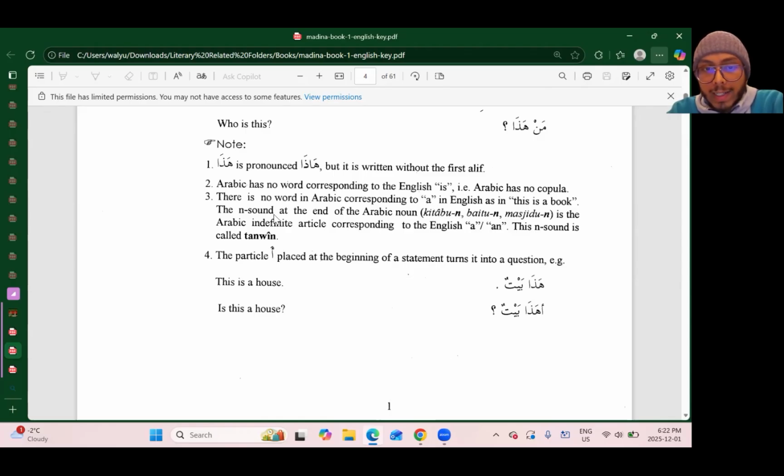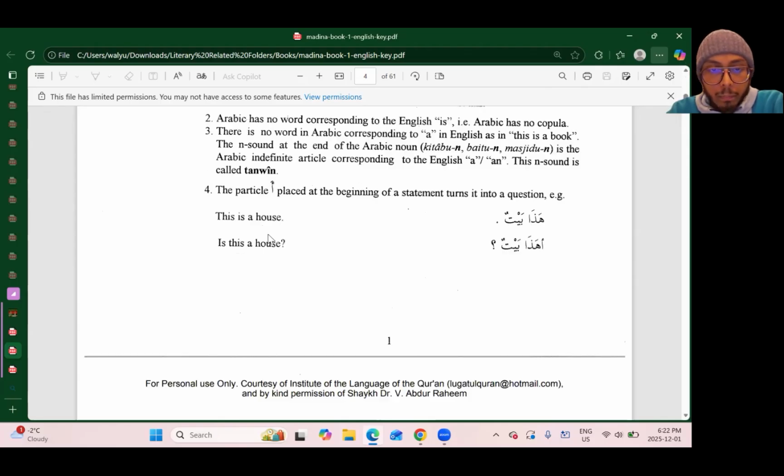The end sound, which we said was the tanween, right? Over here, it's called the tanween. The N sound at the end of the Arabic noun kitabun, baytun, masjidun is the Arabic indefinite article corresponding to the English a or an. We said it's called a tanween.